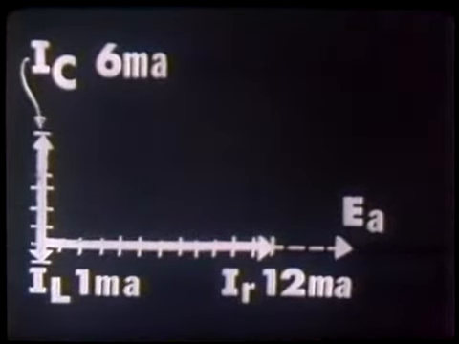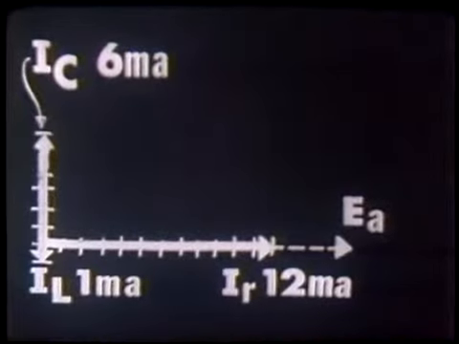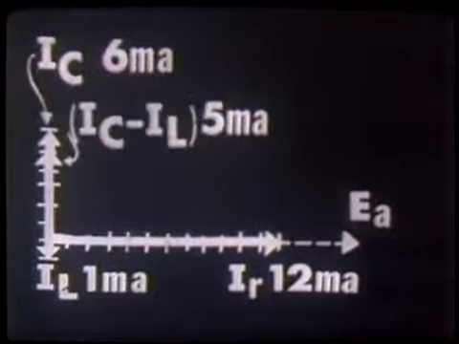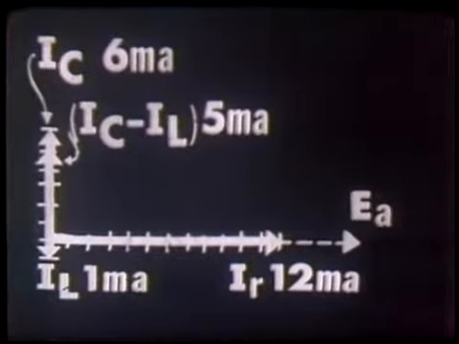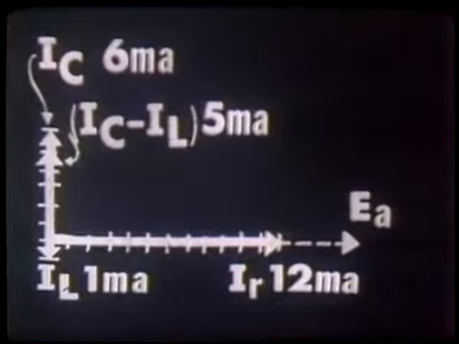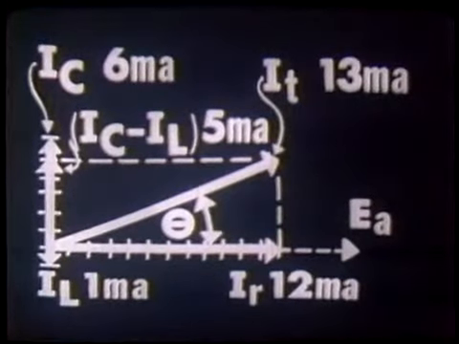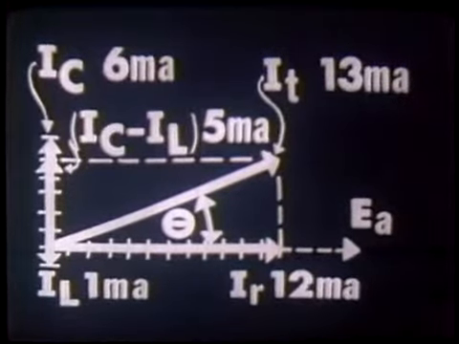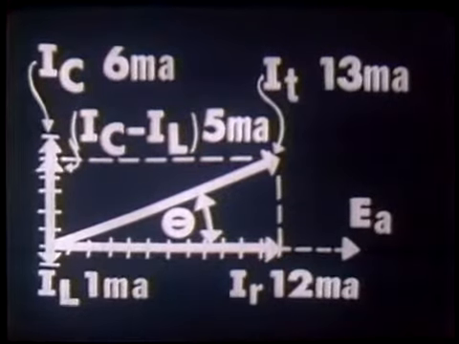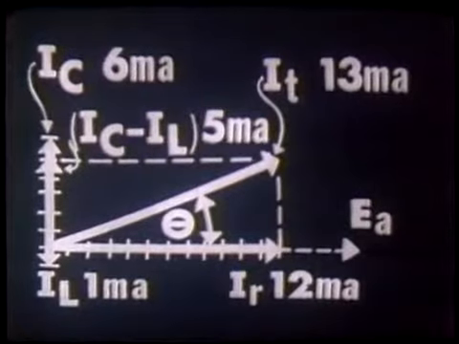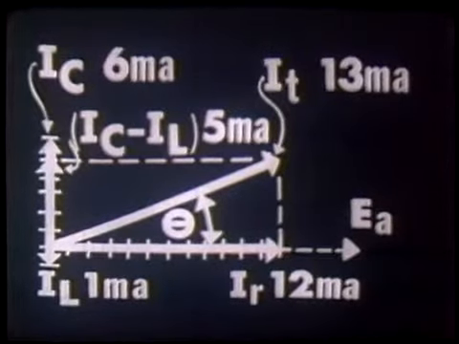Since IL and IC are 180 degrees out of phase, IL can be subtracted from IC and leave a vector sum of 5 milliamperes like this. We can now construct our parallelogram and draw in our current vector, which would appear like this. If we measured the magnitude of our current vector, IT, it would measure 13 units long, representing a total current of 13 milliamperes.